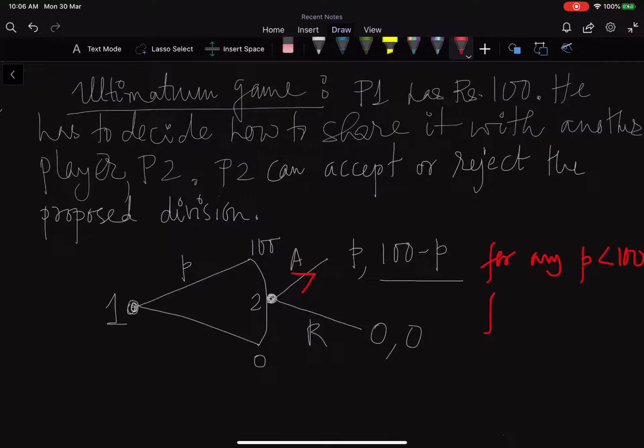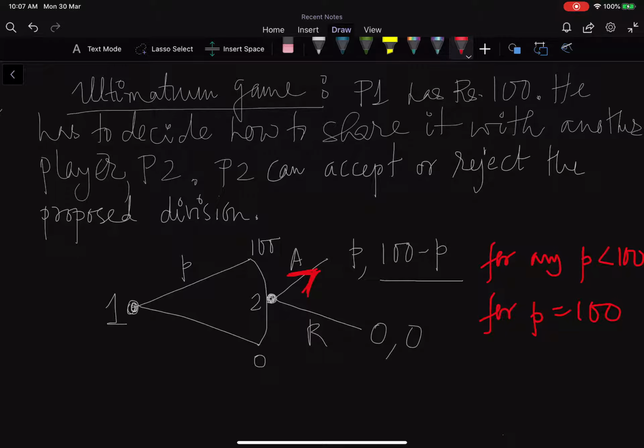For P equal to 100, player 2 is indifferent, because the payoff is 0, 0 whether he accepts or rejects. But accept is still a best response. So you can continue to have accept as the best response for all P's, and so player 2's strategy is to choose accept for all possible P's.